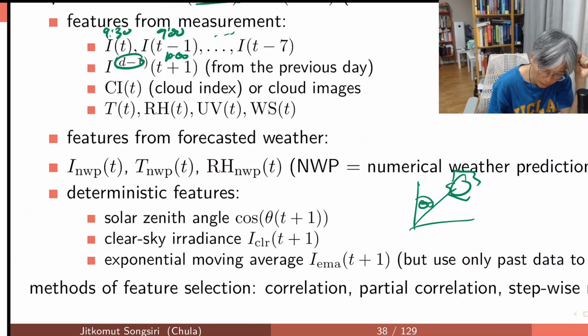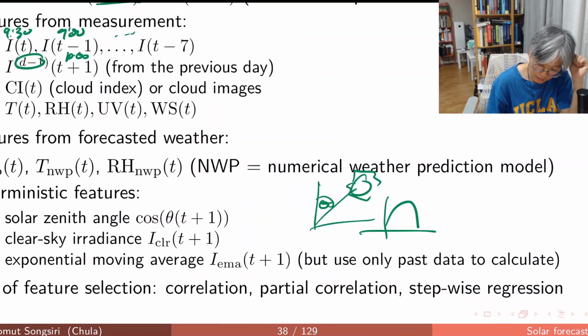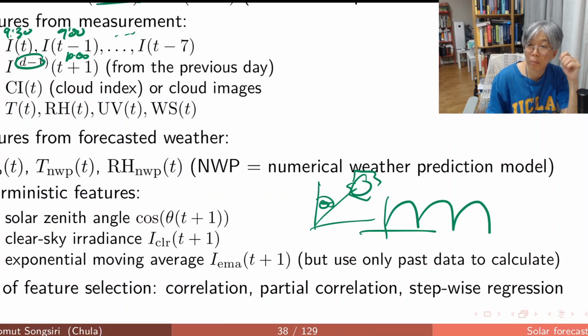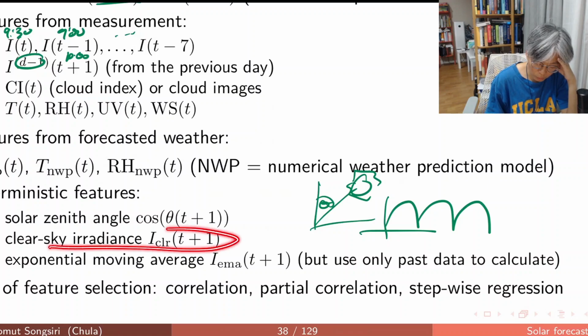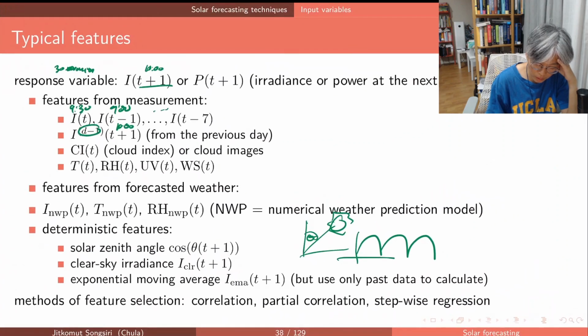This is the solar irradiance value under the assumption that the sky is clear. Typically, the clear sky model has a very clear bell curve. These are inputs that come from a synthesized model.